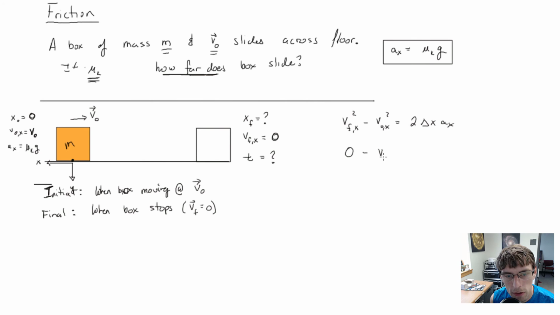I'll just leave it as v naught squared equals 2 times x final minus 0. So I'm plugging in just my zeros, and I'll plug in the expression here, mu k times g. Solve for x final. So we've got to get some rearranging going here. All right?